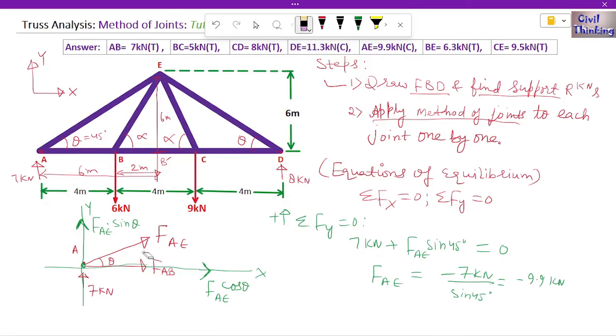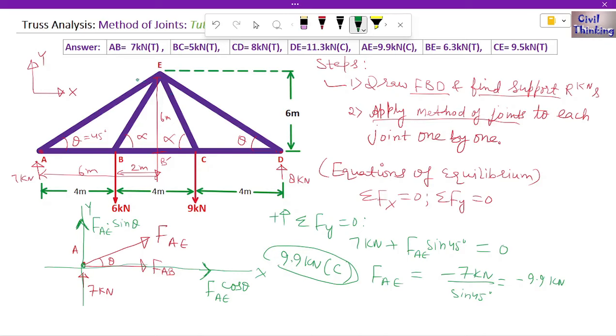It is actually compressive. It is like this, towards the joint. Okay, we'll see about that later on, don't worry about that. Now negative 9.9 means 9.9 kilonewton, but compressive, C for compressive.